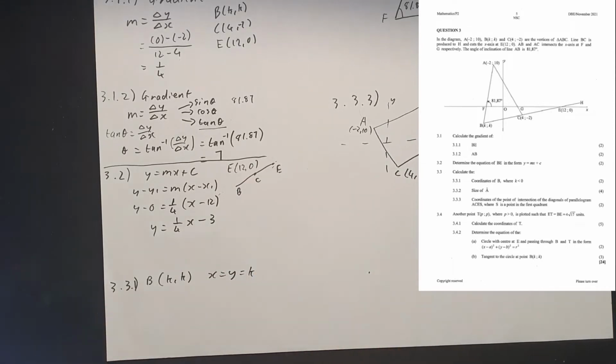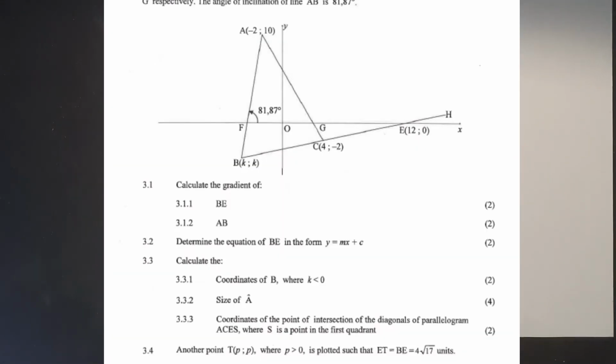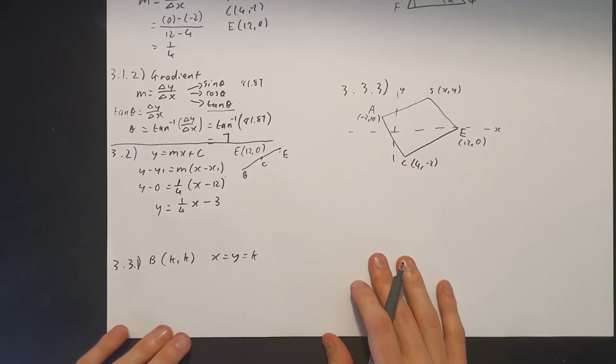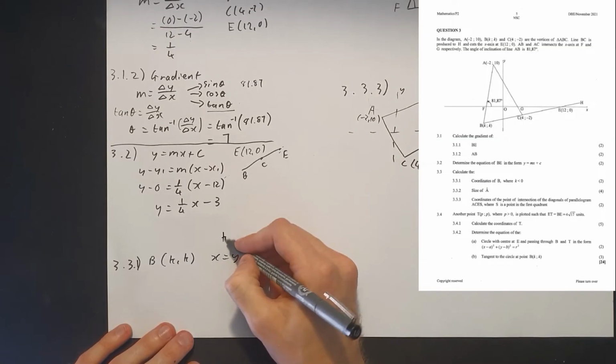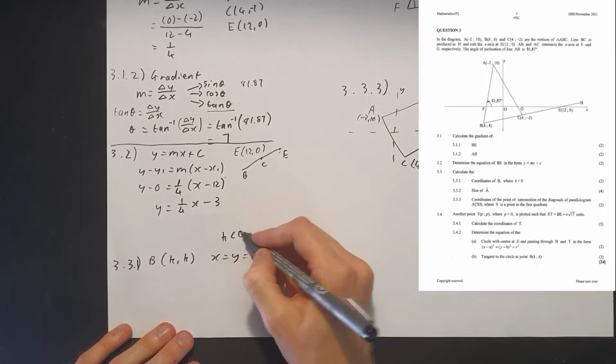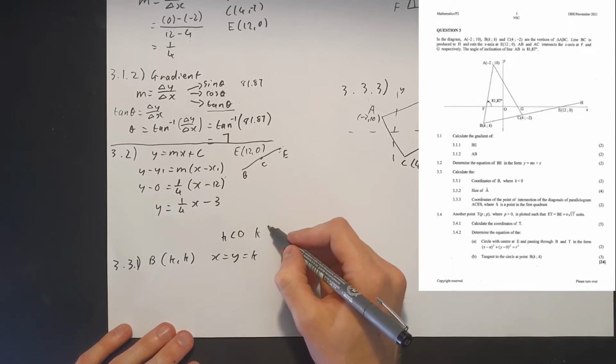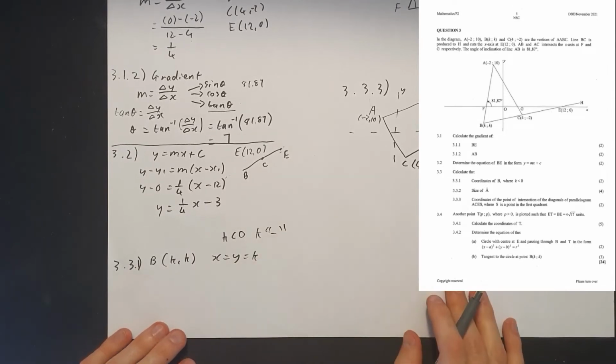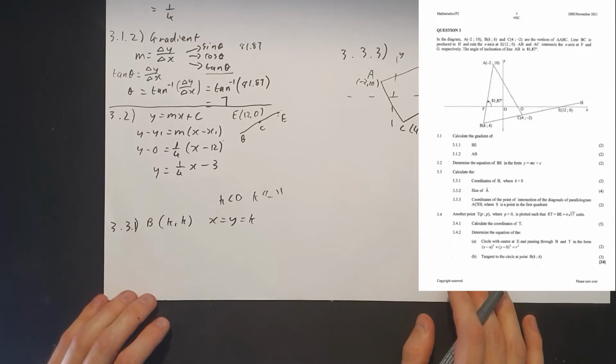Now if we look at question 3, it says calculate the following: the coordinate of B if k is less than 0. If k is less than 0, it means that k needs to be negative. Alright, so let's see how we're going to do this.